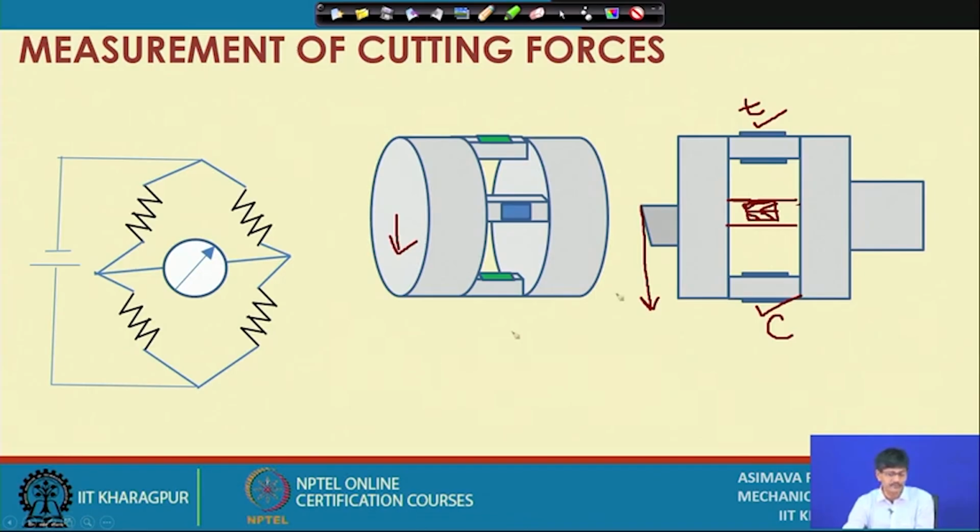Now, what we generally do is, suppose we have a DC power supply, and these are the strain gauges.